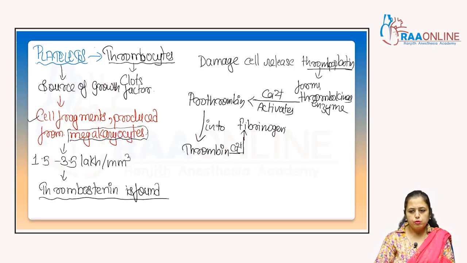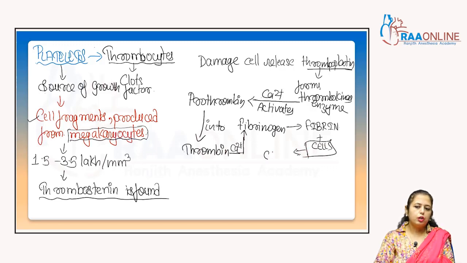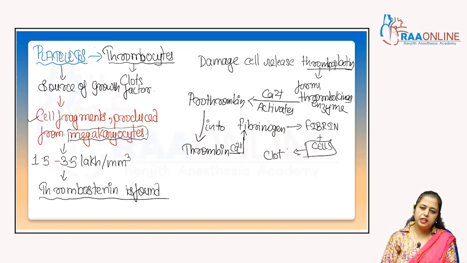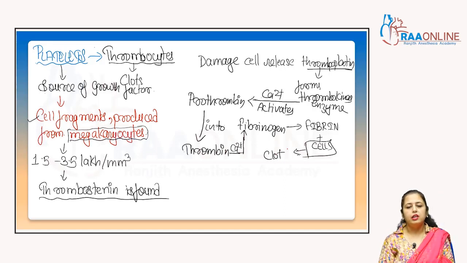So that fibrinogen, in presence of calcium ion, is activated into fibrin, and fibrin plus injured cells both form the clot. So in that manner, platelets help in clotting.